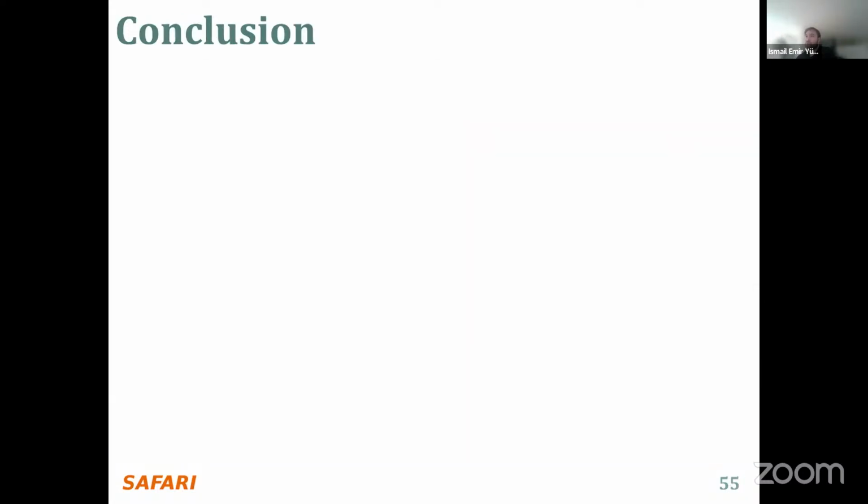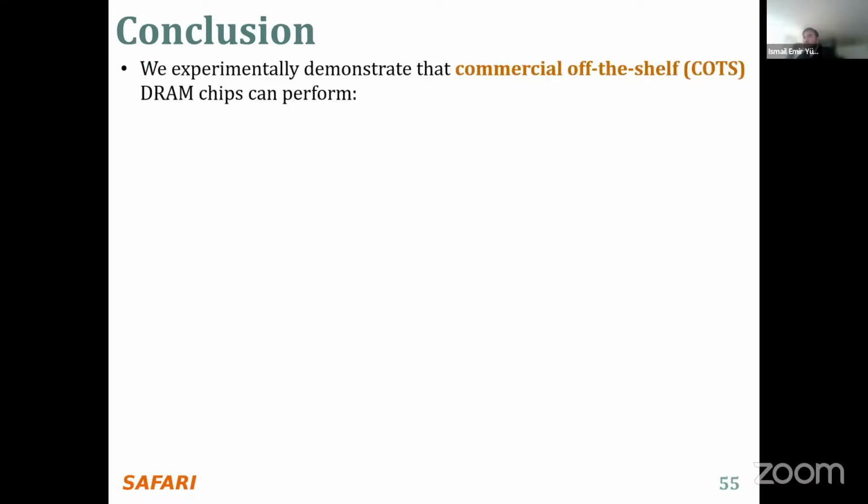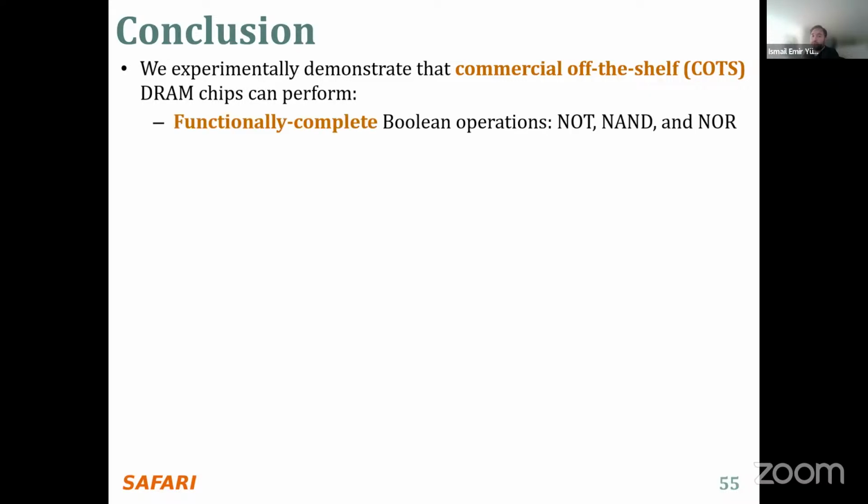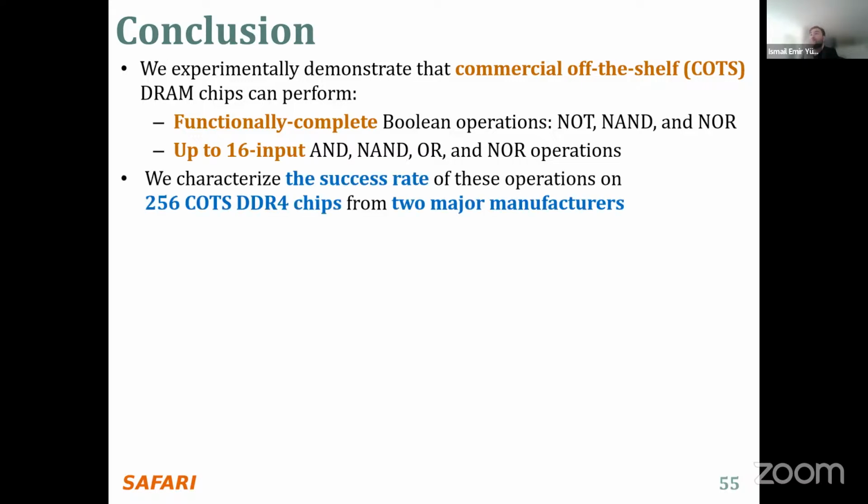And now let me conclude my talk for this paper. In this paper, we experimentally demonstrate that off-the-shelf DRAM chips can perform functionally complete Boolean operations, up to 16 input AND, NAND, OR, and NOR operations. And we characterize the success rate of these operations on 256 off-the-shelf DRAM chips.